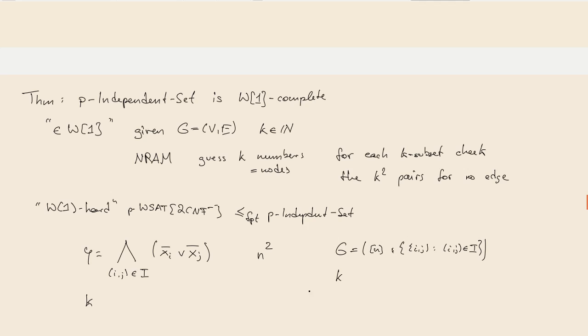Namely, the independent sets in this graph are exactly the ones that you have to set to 1. And here's the clause for every edge, and the clause is fulfilled if you don't have both endpoints. That's the point.